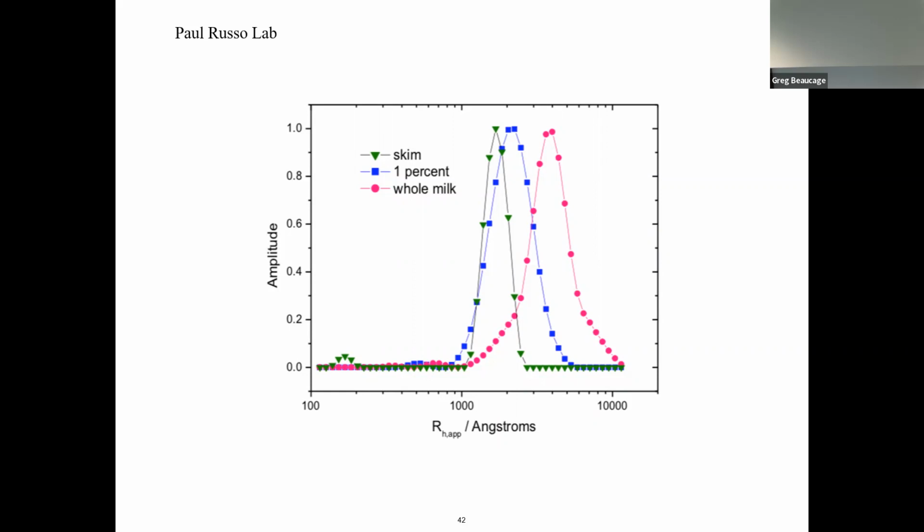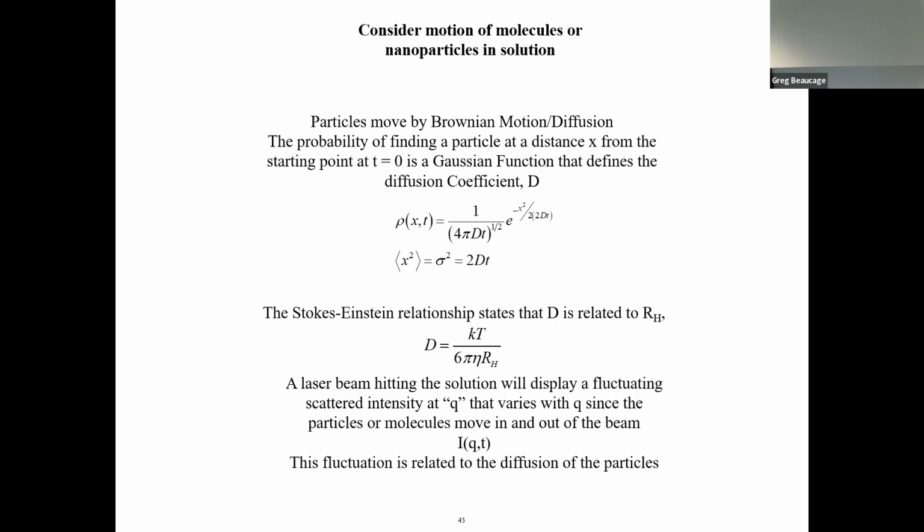Anyway, you can find papers. People have done their PhD dissertation on milk and dynamic light scattering from milk, believe it or not. So where dairy is important, there's stuff you can get out of this, even from milk. You can imagine paint, anything. People are going to love this machine because it spits out a size.